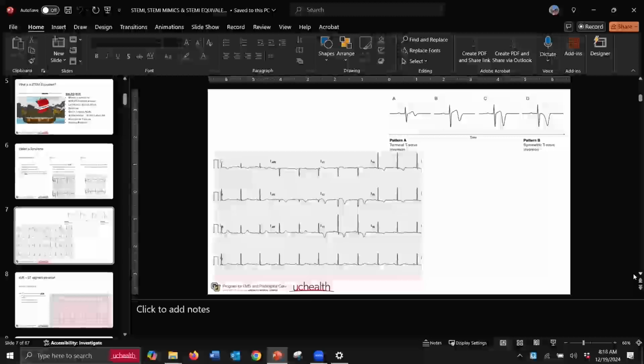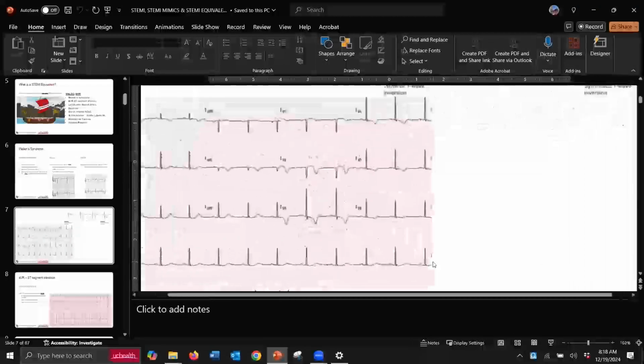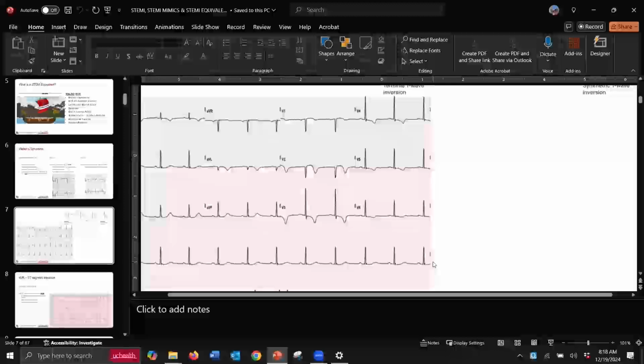So just another 12-lead that you can actually see, and if I was in presenter mode, I could zoom in. Let me see if I can do this without screwing up. Okay. You can see here in V1 that we're starting to get a biphasic T wave.